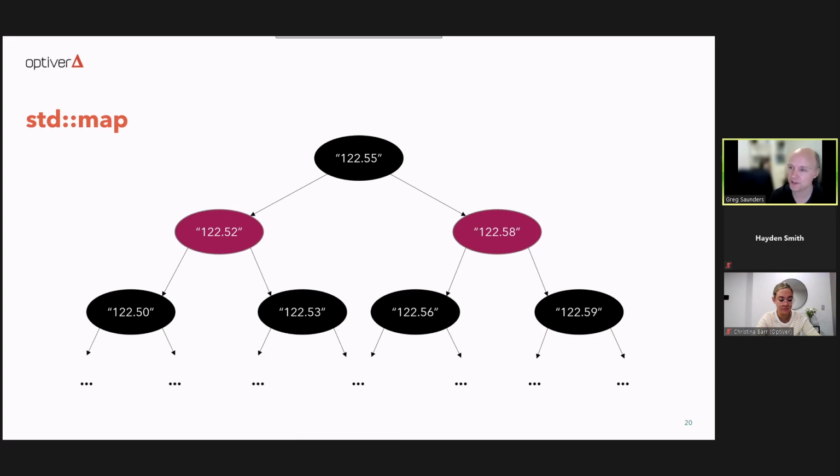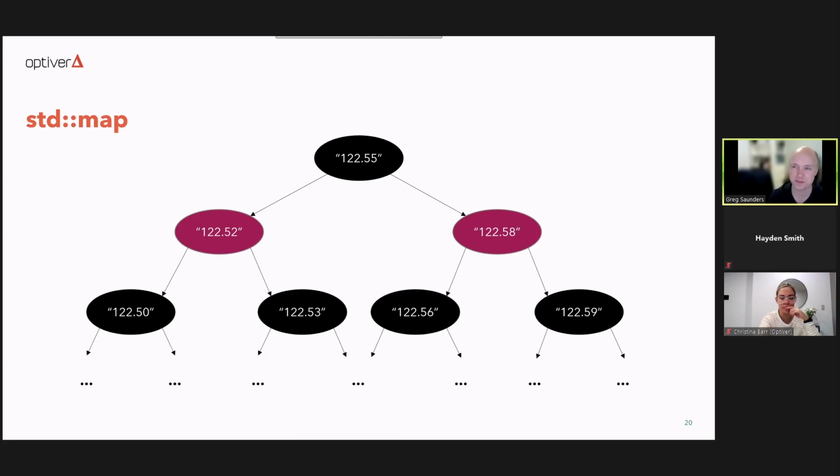When you search the red-black tree, it starts at the root node and works down the tree, left or right, until it finds the appropriate node. And as I'm sure you're all aware, that's going to take logarithmic time.